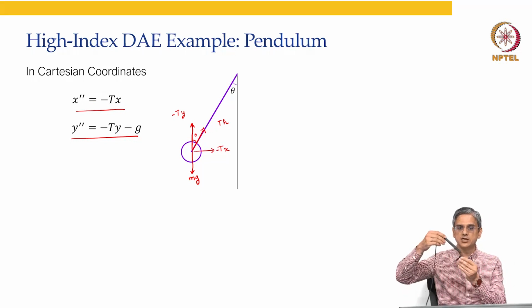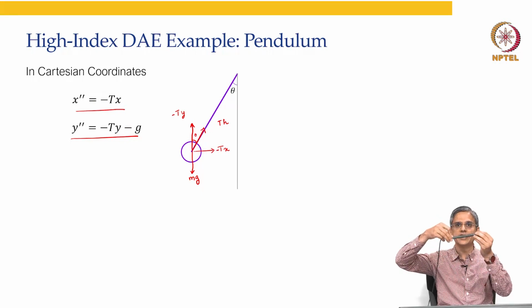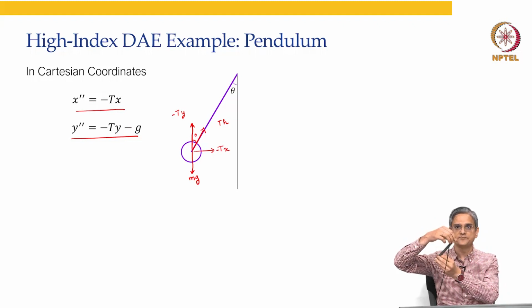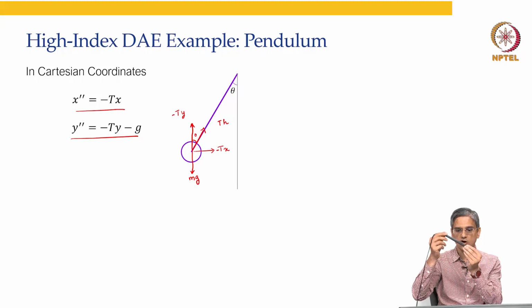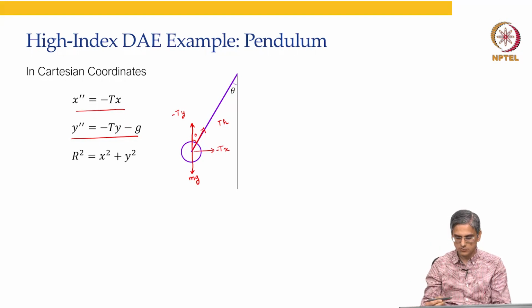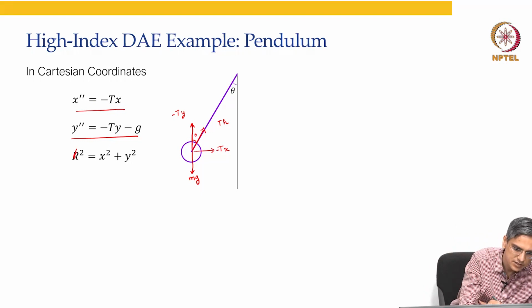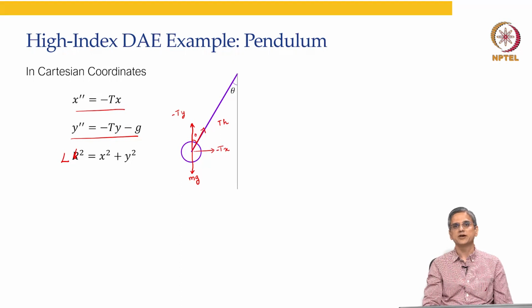This pendulum, let us say, is attached to a rigid body. If this is a rigid body, that means this pendulum is going to go in a circular arc only, a circular arc of radius equal to the length of this rod. If the length of this rod is L, oops, I had written R. If the length of this rod is L, then you will have L square equal to x square plus y square.